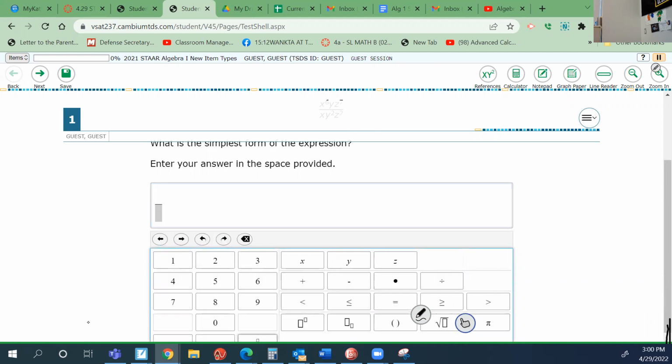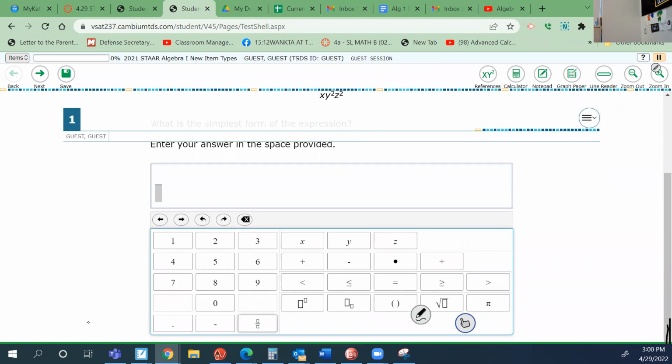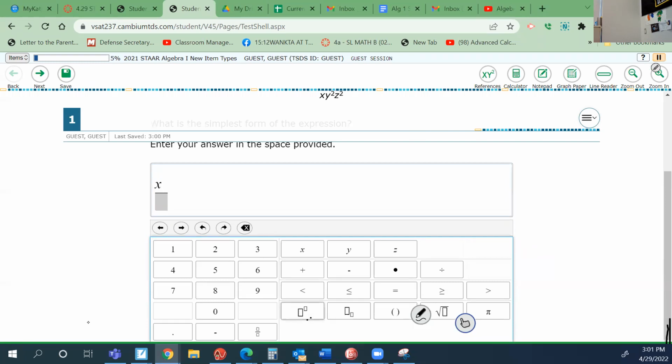And now on the top, I'm going to enter, let me scroll a little bit, where's my x? Oh, here we go, x. And the exponent is 5, right? So I'm going to hit this button right here, and that lets me put the exponent 5, and it's z to the 5 again.